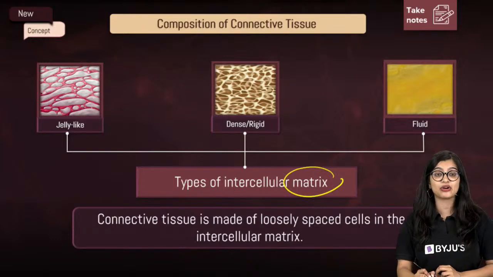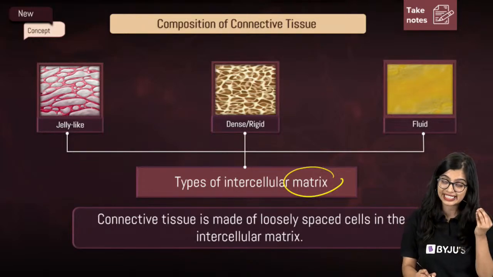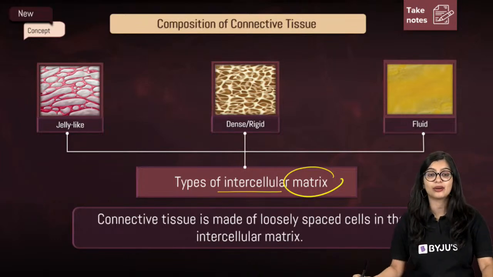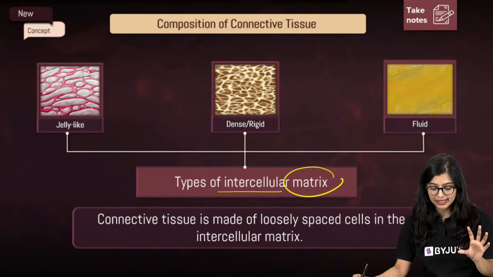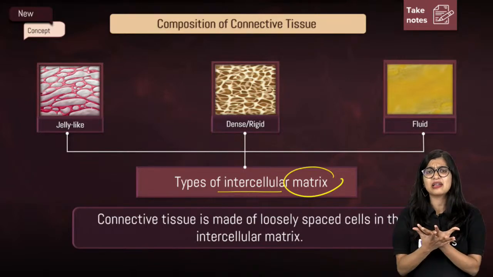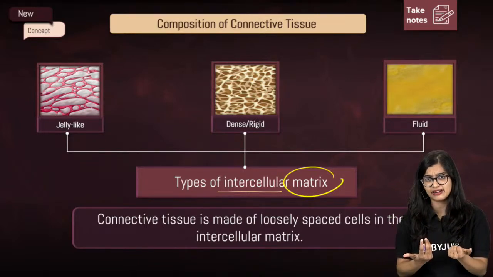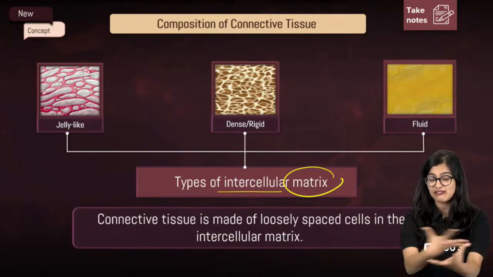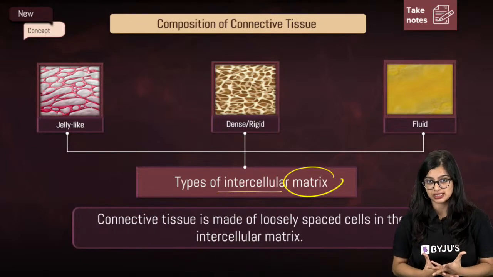So we're going to learn a very fancy word but a very easy word, which is called the intercellular matrix, right? So what is a matrix? A matrix is nothing but a space that we find, which is made up of different substances, yes?